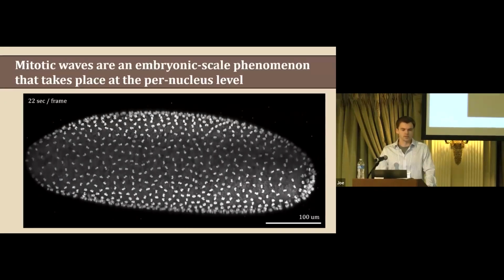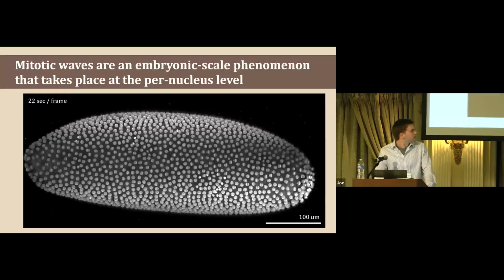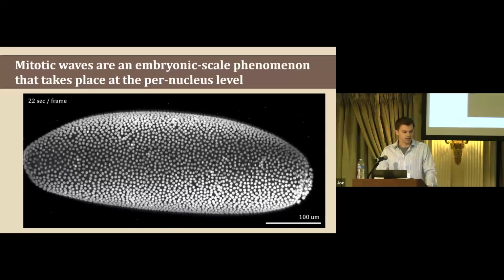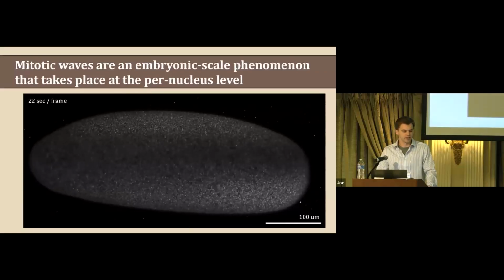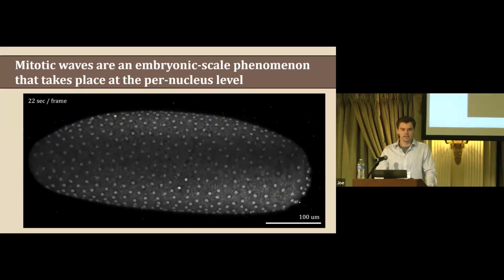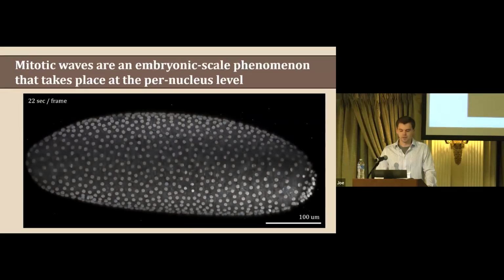And so that's what I'm showing here: in our research we look at the entire embryo, all sides of the embryo as it goes through these mitotic divisions, and we tag histones to be able to look at these nuclei as they divide many times in a row.